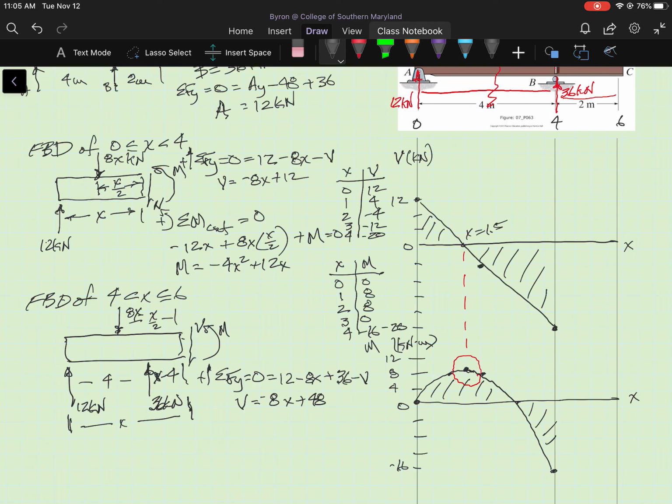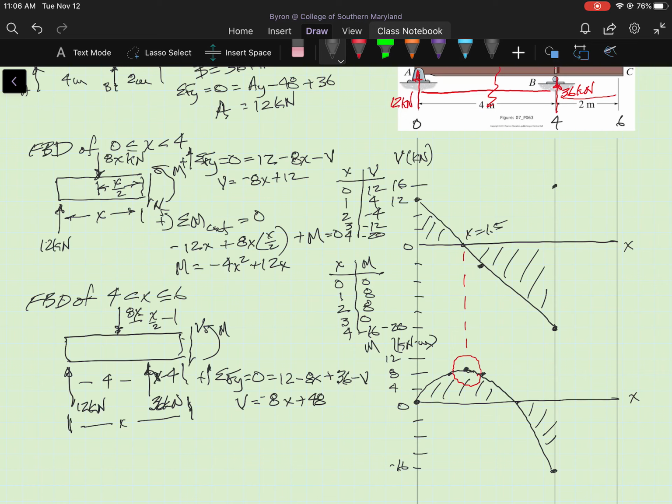Okay, and for this one, I'll graph that now. I'm just going to use two values. We know it's a straight line, and we're starting this one at x equals 4. So when x equals 4, v equals 16. So we'll plot that, 4, and there's 16 there on the shear scale.